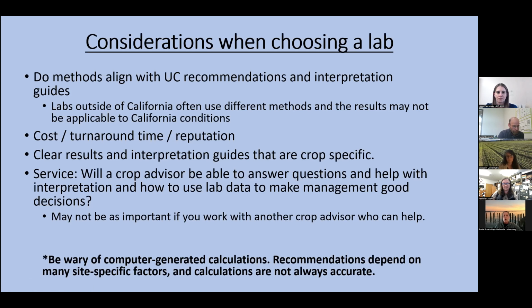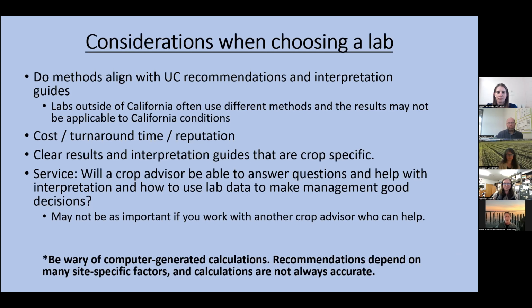Some methods are really made for California soils because we have a much different climate and different types of soils than the soils on the East Coast and Midwest. Generally speaking, I do recommend choosing a lab that is in California because they're going to understand the California conditions and what methods are more appropriate for here.